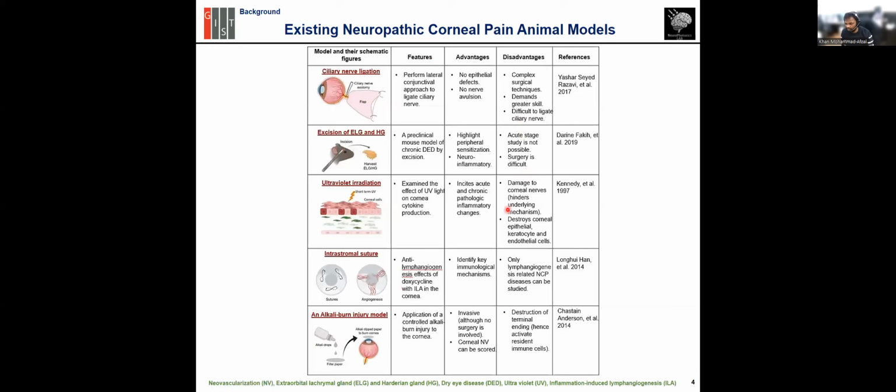And for UV, there's damage to the corneal nerves, and for the stromal suture, only lymphangiogenesis related disease can be studied, not whole neuropathic corneal pain. And finally, for the chemical model, there's destruction of the whole nerve ending, which can activate abnormal immune cells. So these disadvantages make us develop a novel method so that all the disadvantages can be neglected.